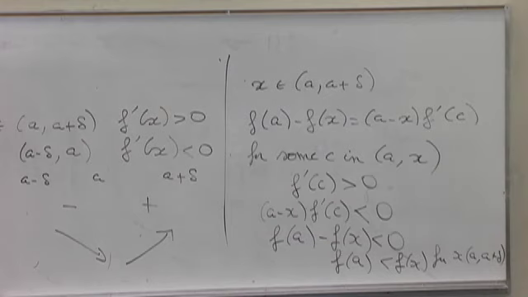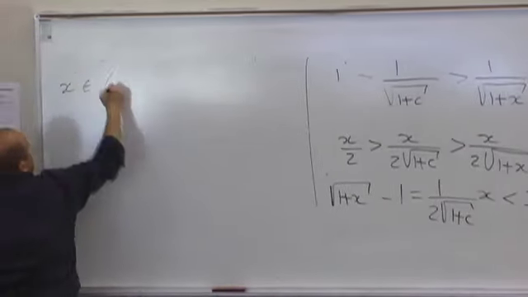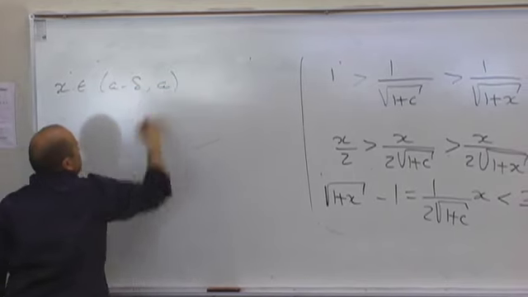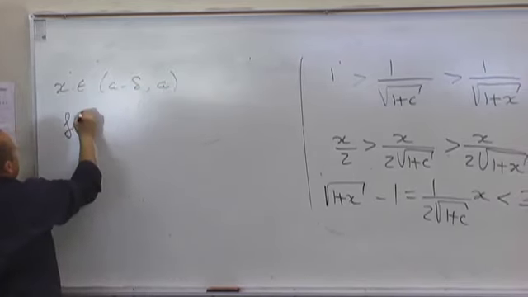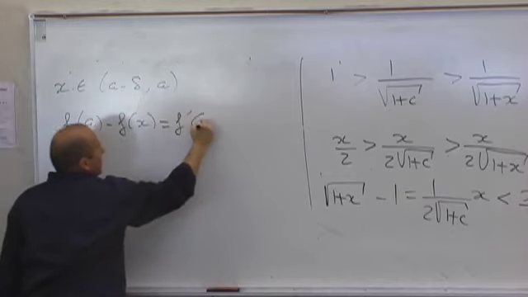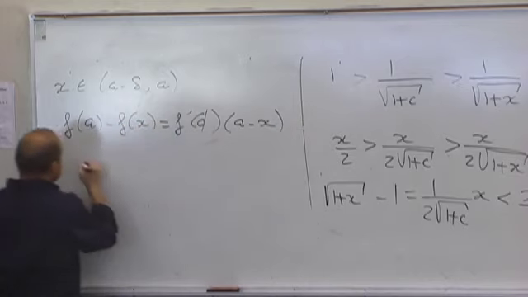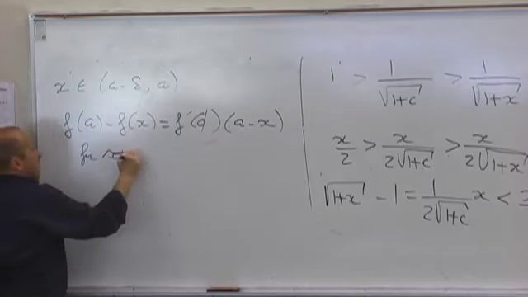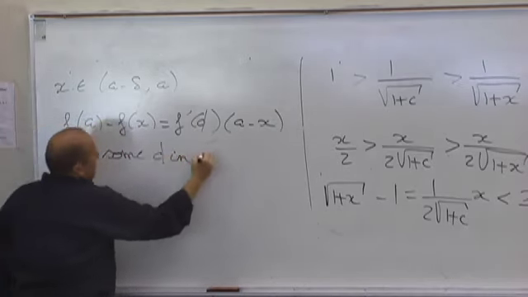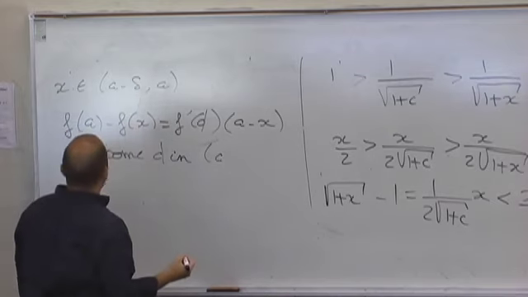Now we do the other side. So we take x in a minus delta a, and we write that f of a minus f of x is f prime of d times a minus x for some d in ax or xa.